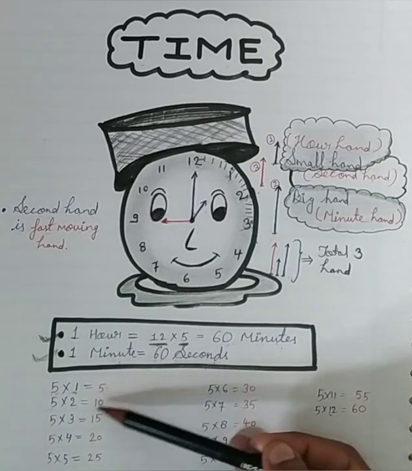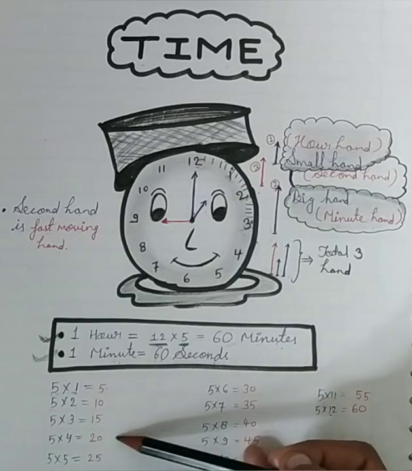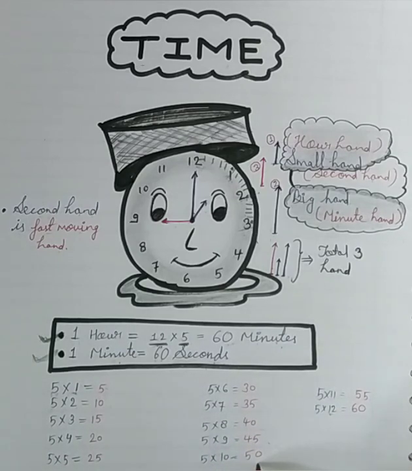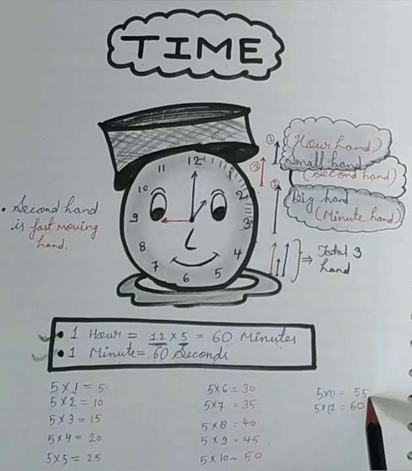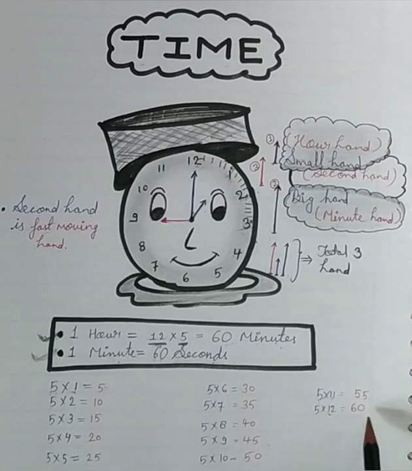Like 5 1s are 5, 5 2s are 10, 5 3s are 15, 5 4s are 20, 5 5s are 25, 5 6s are 30, 5 7s are 35, 5 8s are 40, 5 9s are 45, 5 10s are 50. And when we multiply 11 by 5, it becomes 55, and 5 multiplied by 12, it becomes 60.